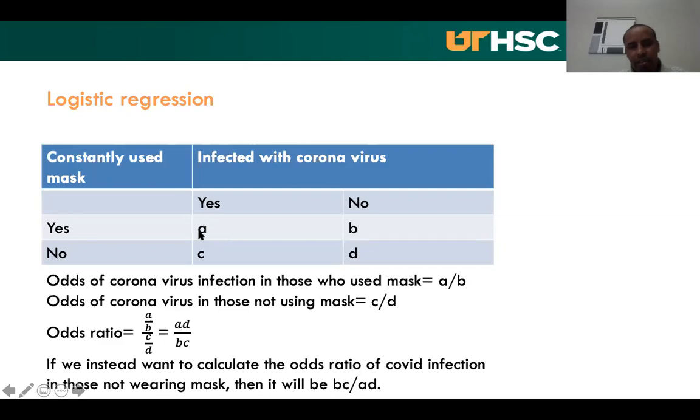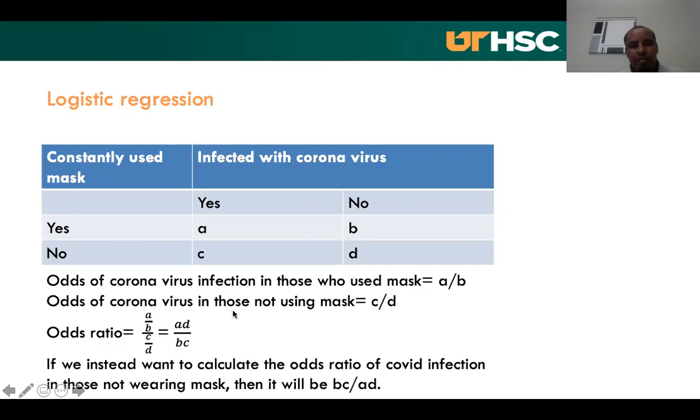If the answer is yes, we have A, and the absence of infection is B. So the odds of being infected with coronavirus while using a mask is A divided by B. The odds of coronavirus infection in those who use a mask is A divided by B.